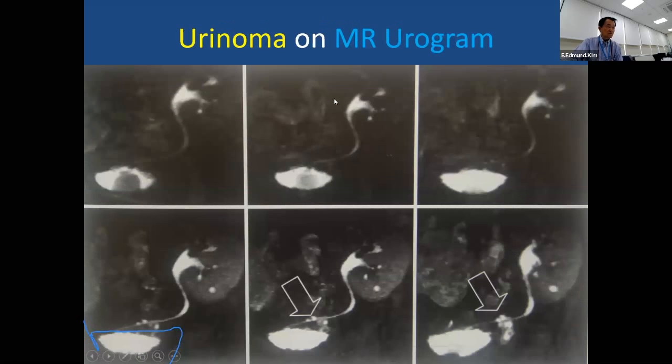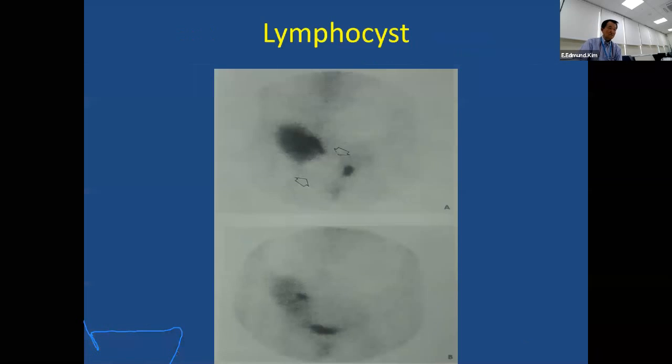And the urinoma, urine leaking, basically, you can see with MR without contrast, just the continuous leaking. But nuclear medicine study can do the same thing. There's a mass right here, filling defect without obstructing ureter or calyxes. That's a urinoma. Not urinoma, that's a lymphocele.